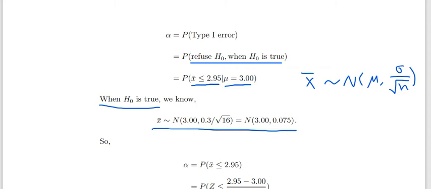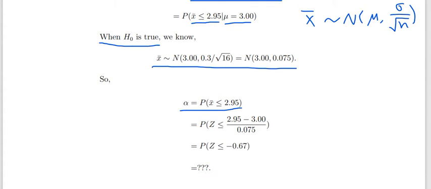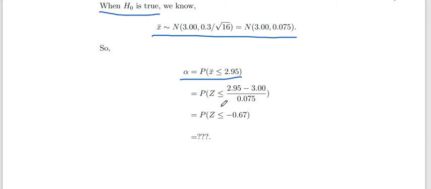When x bar follows this normal, we find alpha. Such a problem is just finding a probability for a normal distribution, and we have a standard process: change from general to standard normal, then check the table.